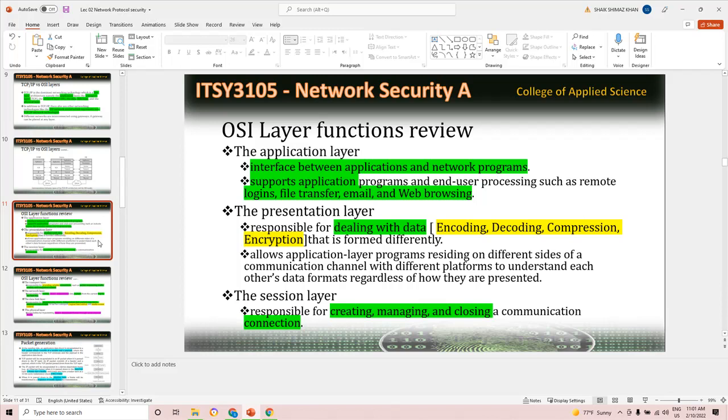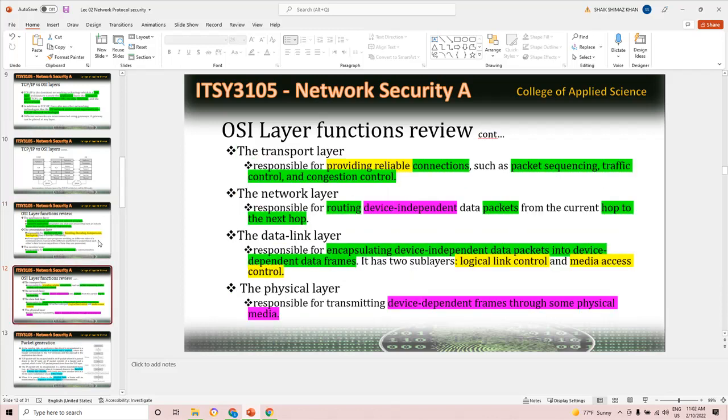The session layer is responsible for creating, managing, and closing the session connection. The transport layer is responsible for providing a reliable connection with functionalities such as packet sequencing, traffic control, and congestion.